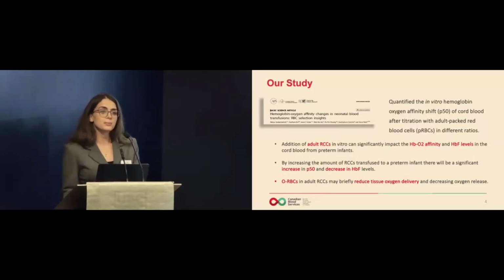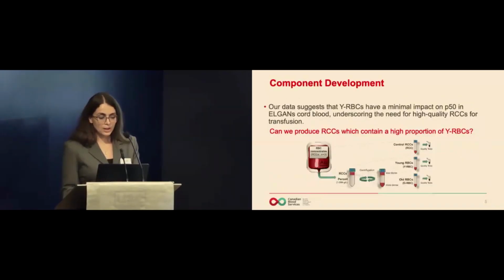In terms of biologically aged red blood cells from adult donors, the old RBCs in adults may briefly reduce tissue oxygen delivery and decrease the oxygen release in infants. All the data from the research showed us that young red blood cells have a minimal impact on the P50 and underscores that there is a need for high quality red blood cells for transfusion of these recipients.